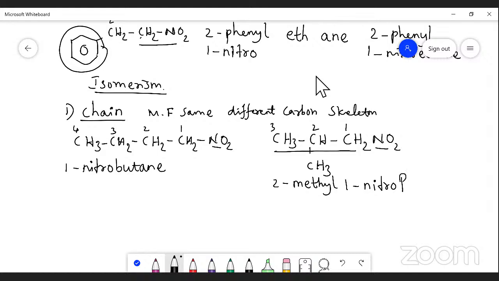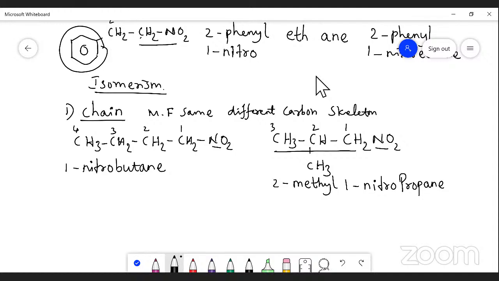So prop is the root word. The compound contains only single bonds, so it is saturated. Use a. So the compound name is 2-methyl-1-nitropropane. This is a different compound. You see the structures: this is 1-nitrobutane, and this is 2-methyl-1-nitropropane.